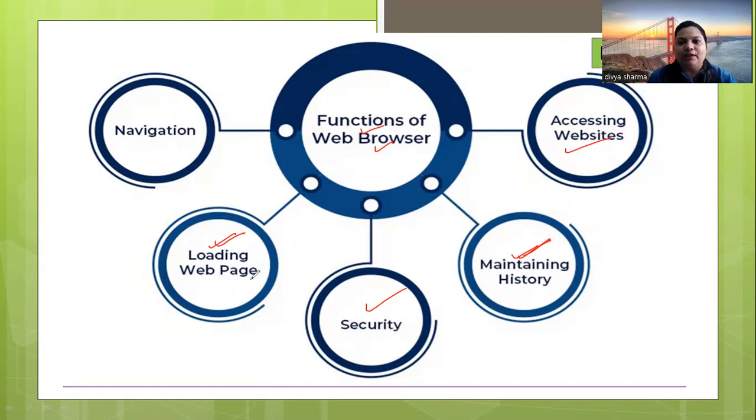Sometimes when you search any website on the www, websites work very slowly and the loading process takes too much time. So in order to avoid all these things, we basically use Google Chrome because it is much faster than other web browsers. Now, another is navigation. By using navigation tools, we can move from one page to another easily.